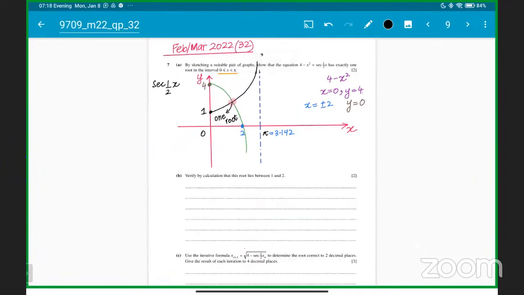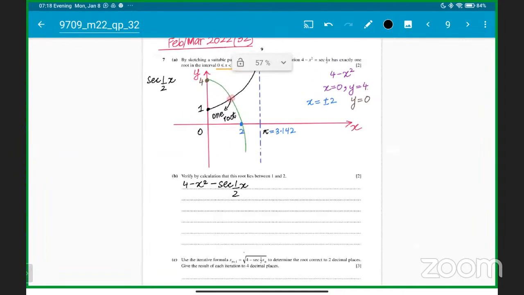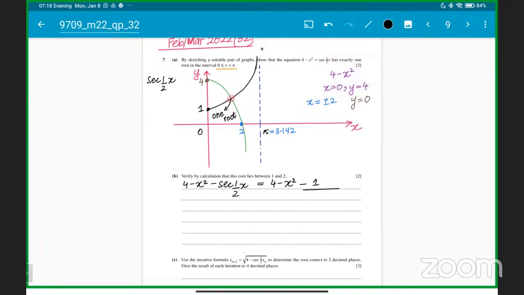So it's very simple. Bring everything to one side. So it will be 4 minus x square minus sec half x. We already know you can't get the value of sec half x directly in the calculator. So better change that to 4 minus x square minus 1 divided by cos half x. Okay, understood? Clear, students? So that you can easily put the value and get the answer. Okay, so here we go.